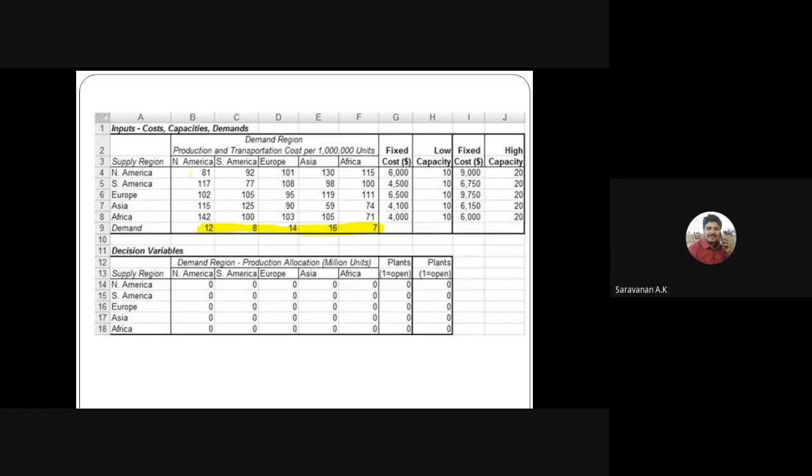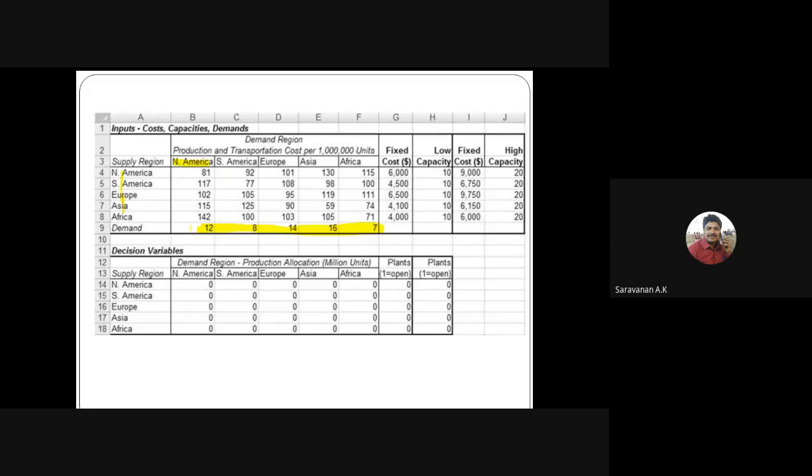If it is the North America region, the annual demand will be 12 million units. And for South America, it will be 8 million units. So the demand and the region will be in this matrix.